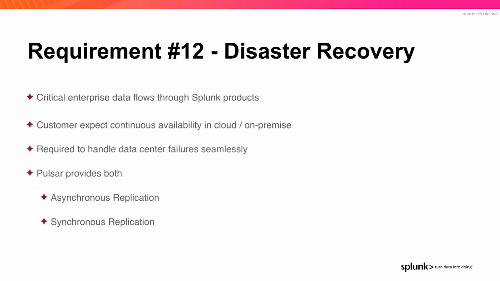Similarly, disaster recovery scenarios. Of course, critical data from each enterprise flows through Splunk products, and customers expect continuous availability, in cloud or on-premise, and are required to handle data center failures seamlessly. Pulsar provides both synchronous replication and asynchronous replication.